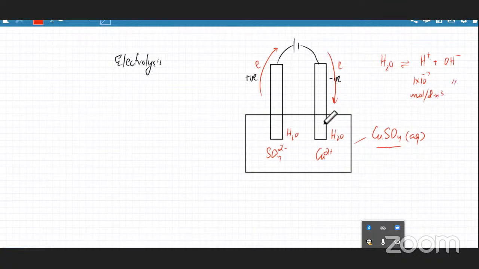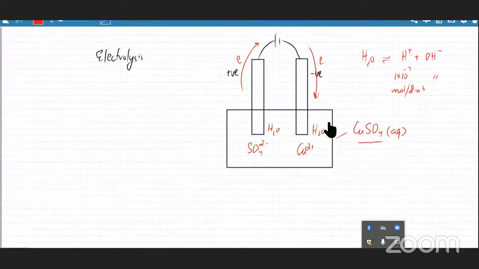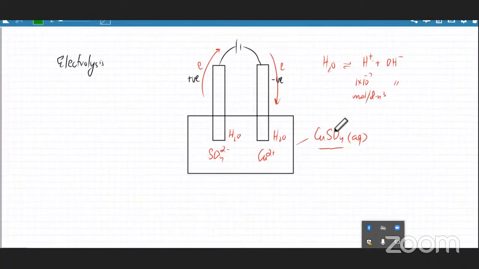So now, how do you do A levels electrolysis? Substances that reach the cathode, they're the ones that are going to gain electrons. So at cathode, these are the substances that would be gaining electrons. So it's either water that's going to gain electrons, or it's copper 2 plus that's going to gain electrons.